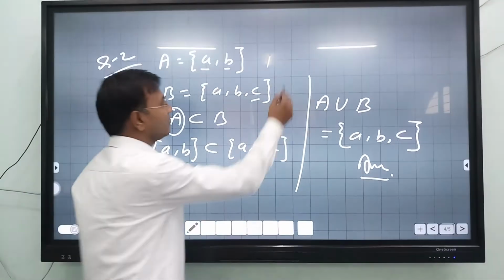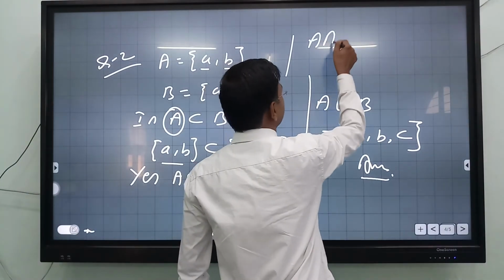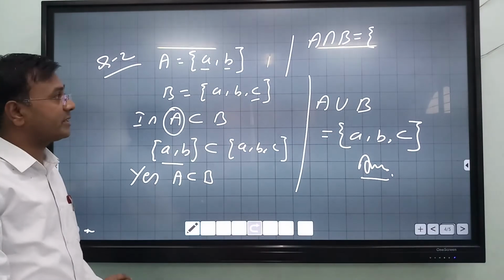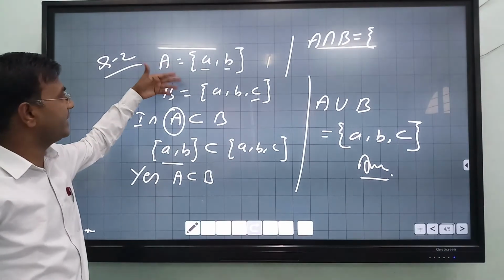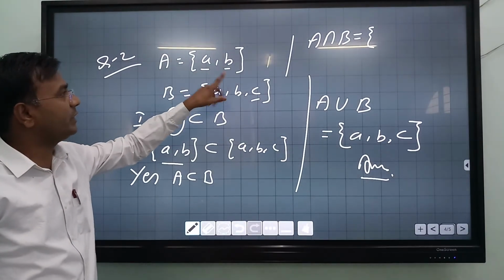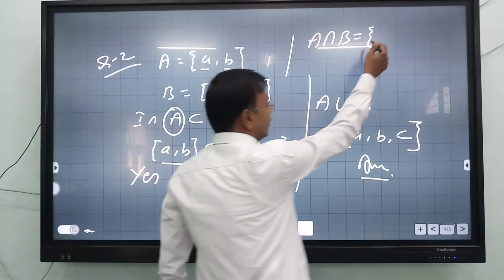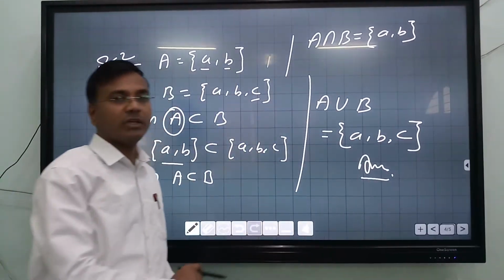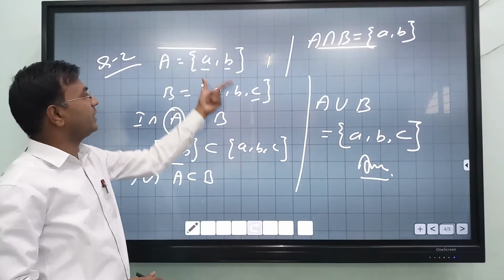Let's find one more in the same question: A intersection B of the sets A and B. Here a and b are the common elements, and we know that in the intersection we write only the common elements. So a and b are coming in both.